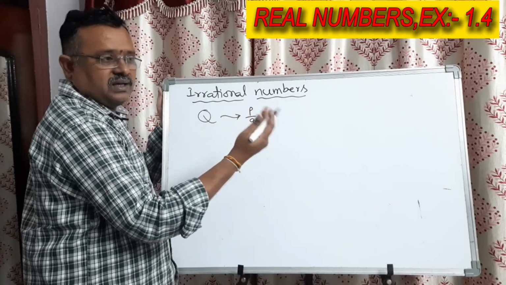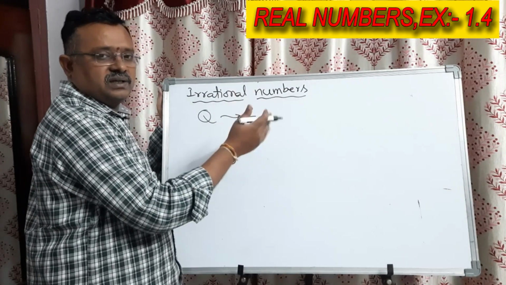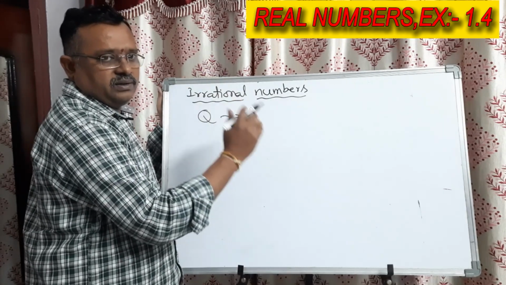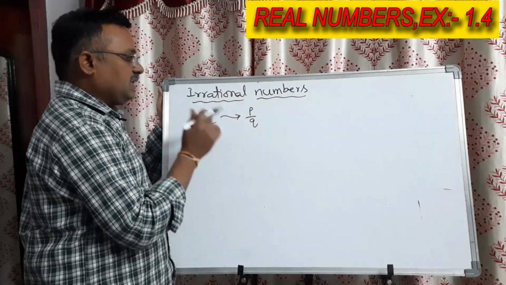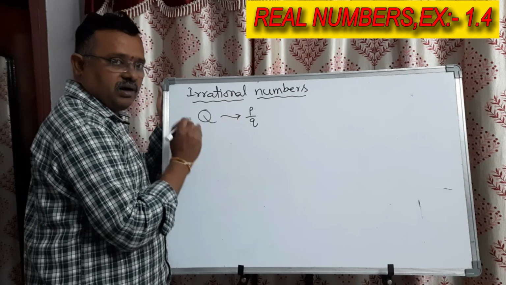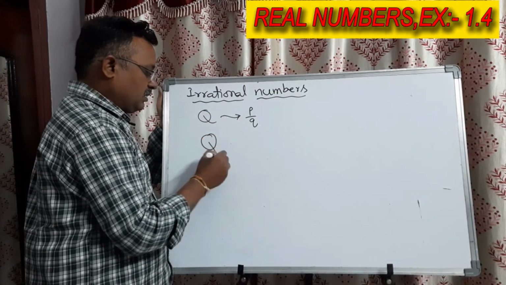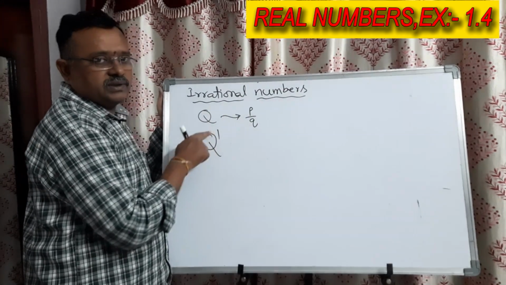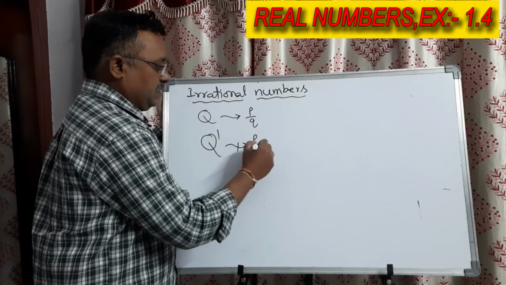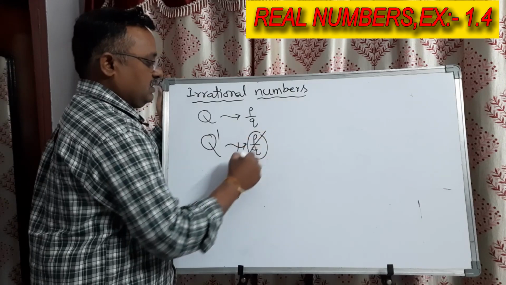Its related discussion we completed in exercises 1.1, 1.2, 1.3. In this we are discussing irrational numbers, which are not rationals, represented with Q dash.